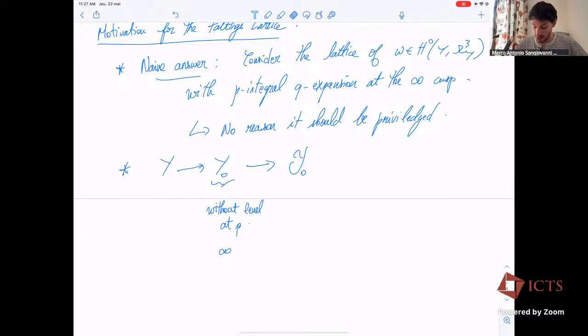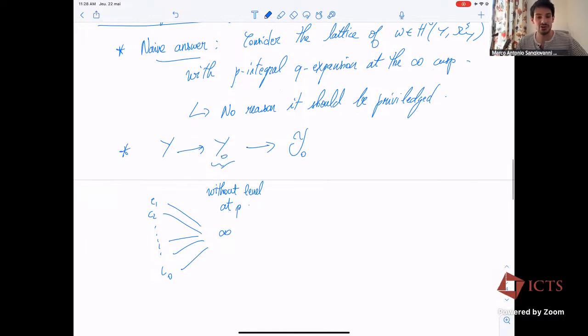And here I have a bunch of cusps that map to the infinity cusp, C1, C2, and then here I have a privileged one, C0, which corresponds to the totally multiplicative level structure.